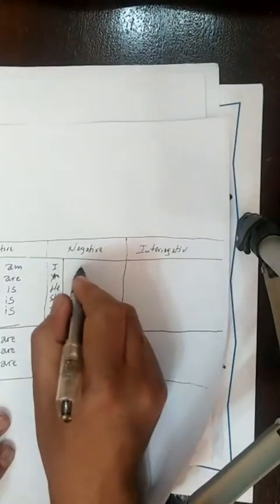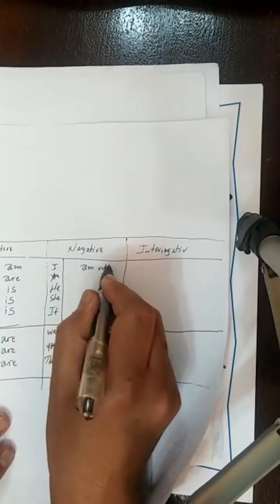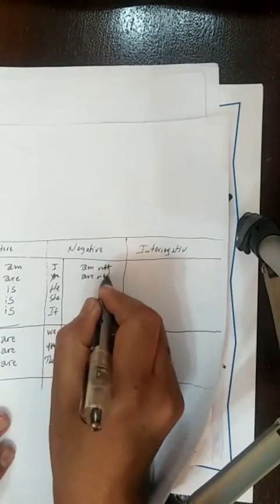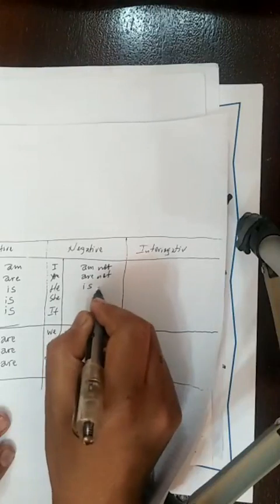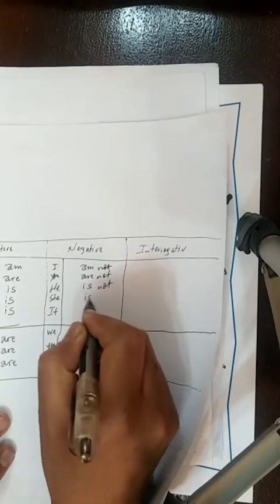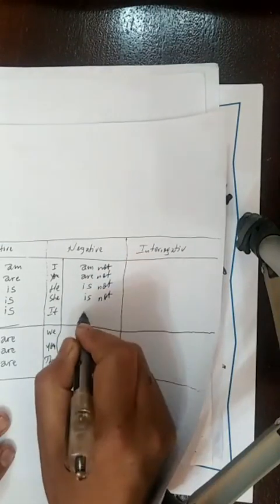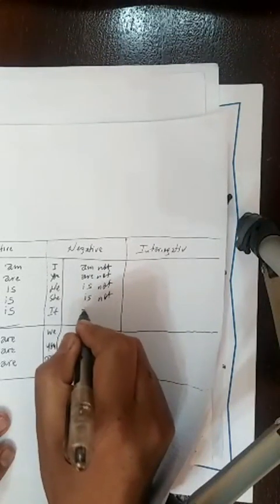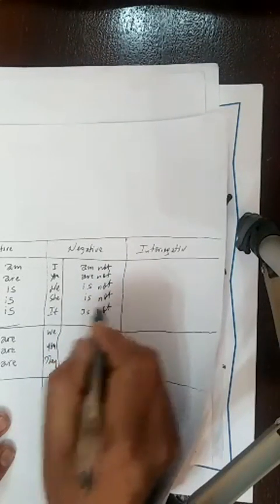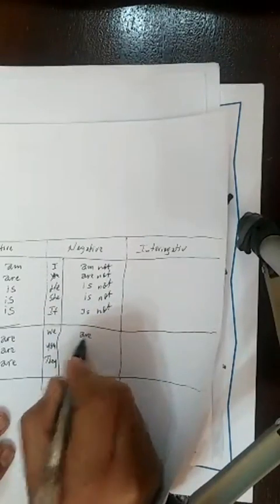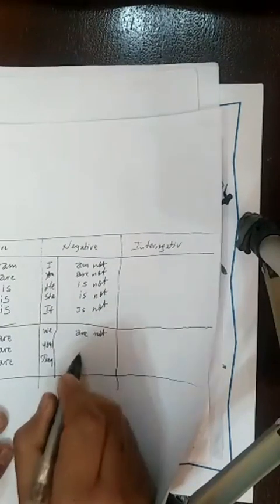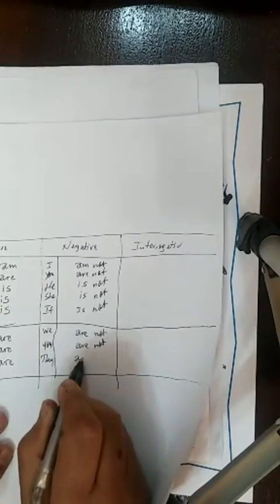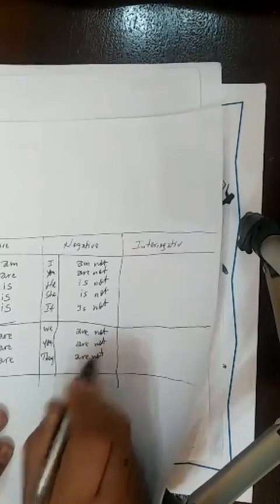So we say I am not, you are not, he is not, she is not, and it is not. We are not, you are not, and they are not.